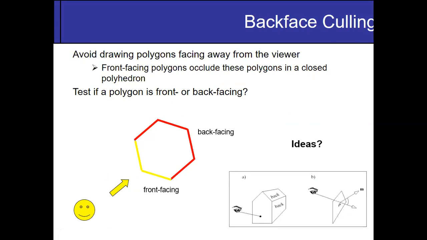Now, the mathematics says you view, and whatever you view, that is called vector V. Now, draw a normal to the plane and multiply these two vectors.